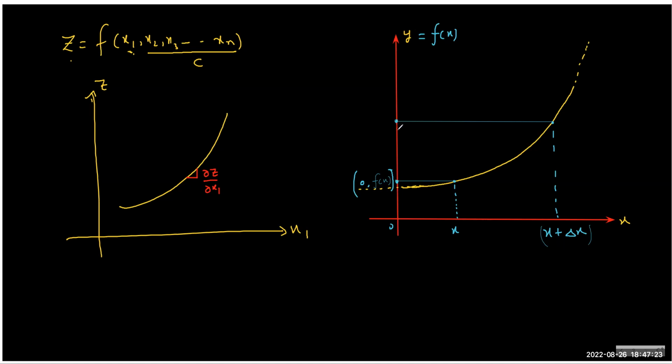What will be the coordinate of this point? Anyone? Please tell me. (0, f(x plus delta x)). That's it, because that is the input. So this is the output. Very good.